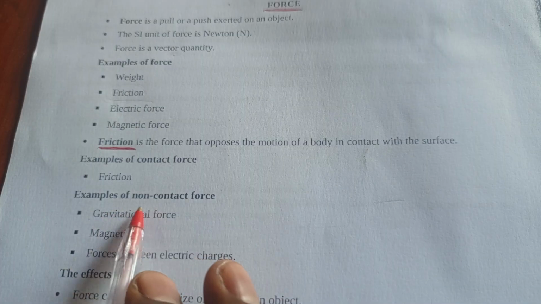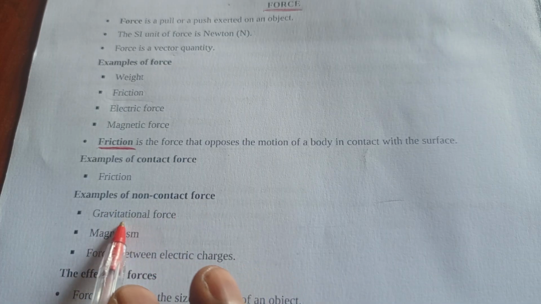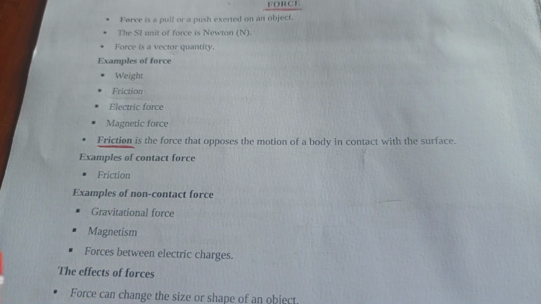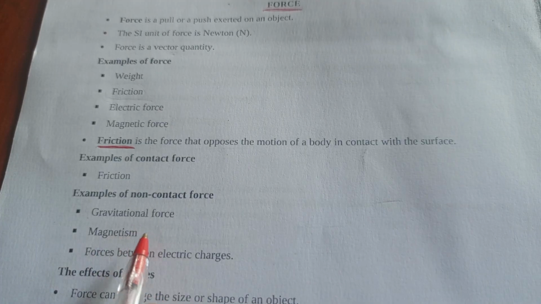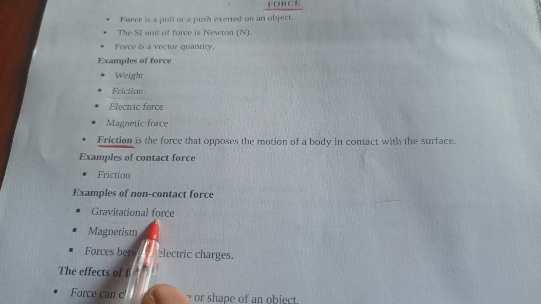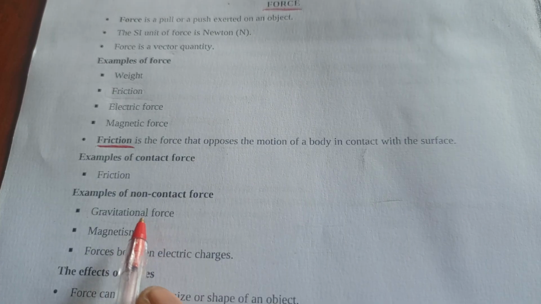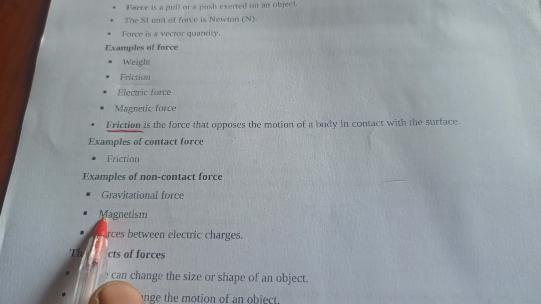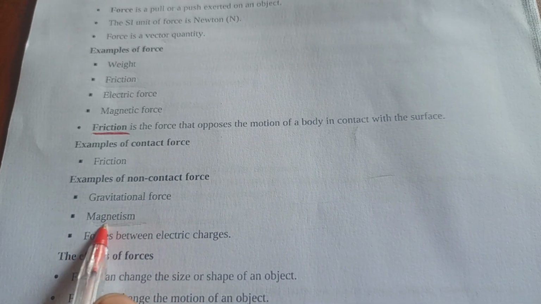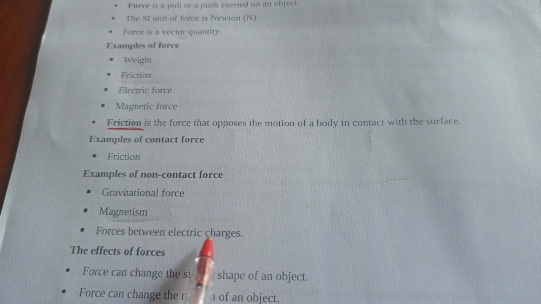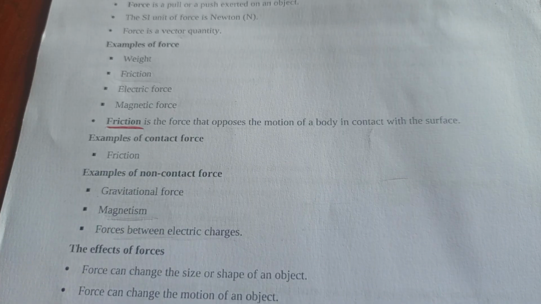Examples of non-contact forces include gravitational force, magnetism. Gravitational force is the force that pulls something toward the earth. Also forces between electric charges. All those we call non-contact forces.